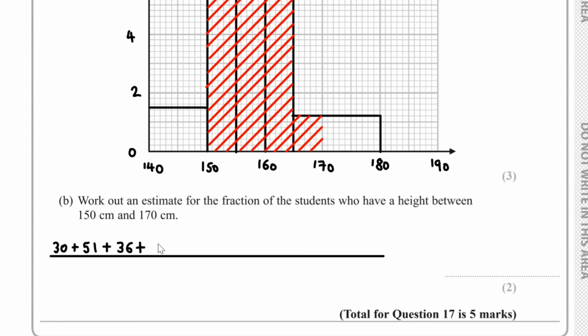So here we've got 5 multiplied by 1.2, and in total we've got 150. So if I work all of this out, it turns out we get 123 over 150, which is 41 over 50.